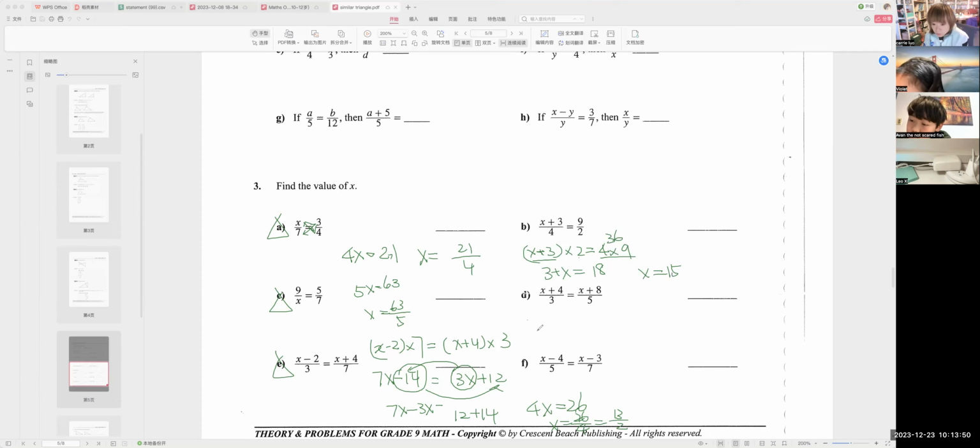Okay, so the next one, x plus 4 times 5 equals x plus 8 times 3, equals 5x plus 20 equals 3x plus 24. So 2x equals 4, x equals 2.